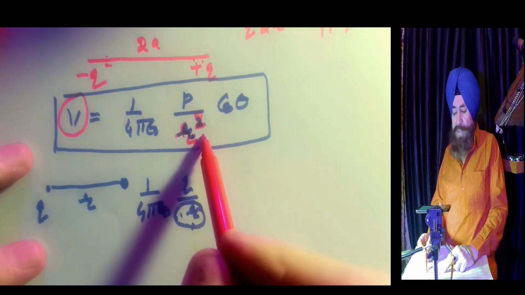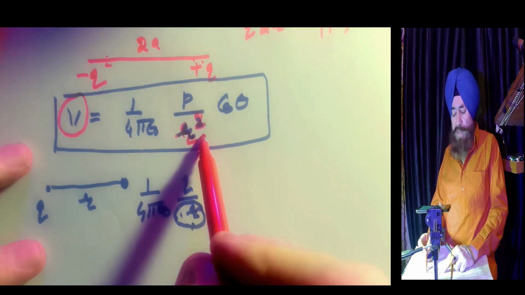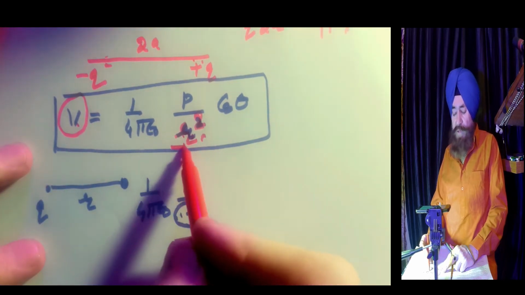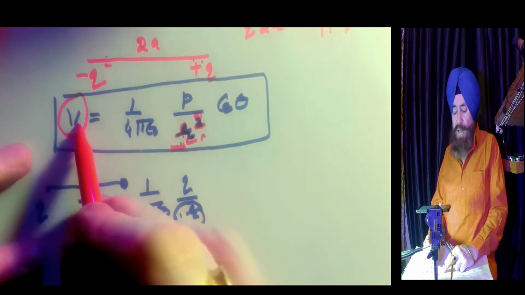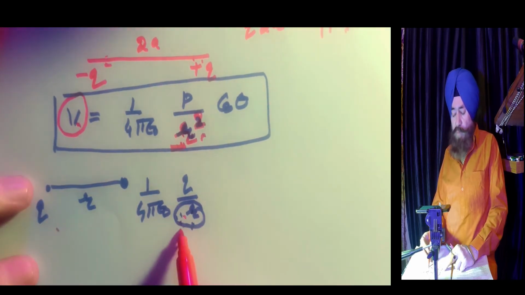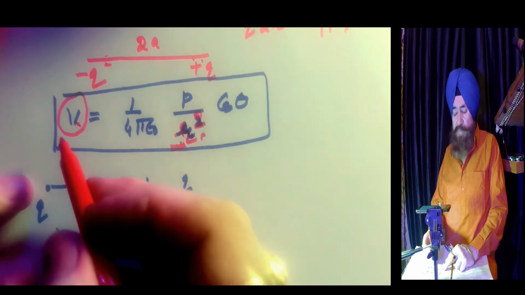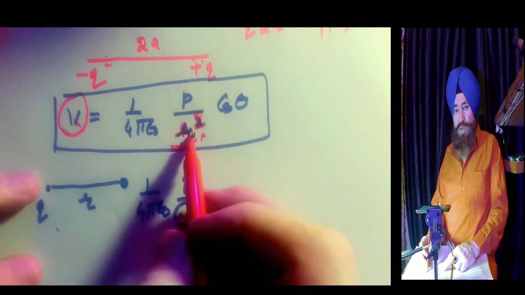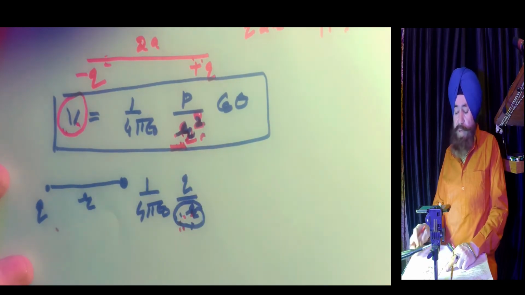So that is the rapid decrease or increase of potential with R. There is more effect of R in dipole as compared to monopole. Monopole, the variation is with single R. In dipole, the variation is with R square. So this is very important.